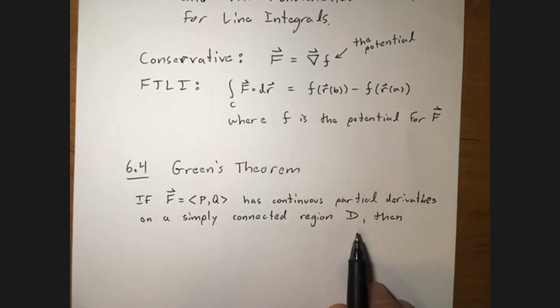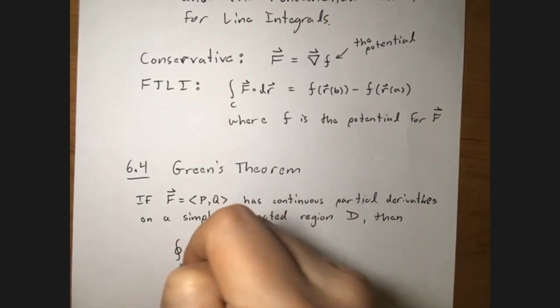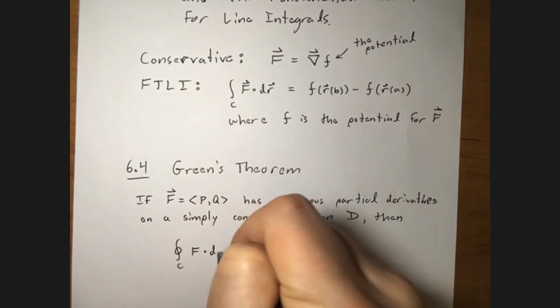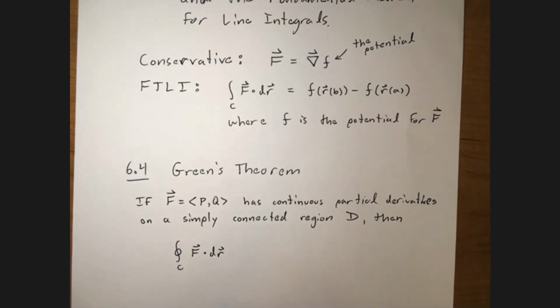But if all this is satisfied, then the line integral along the boundary, and I'm using this notation with a circle here, that means it's a closed curve, because the curve goes all the way around the boundary. So it begins where it ends.